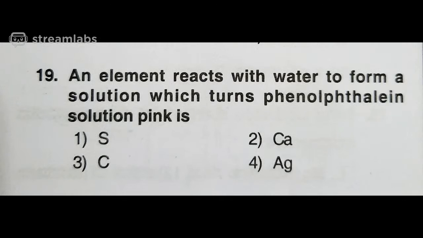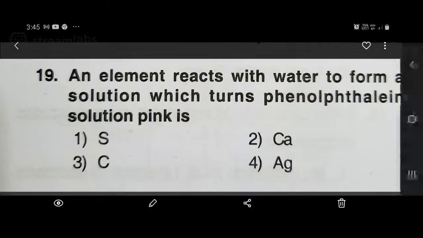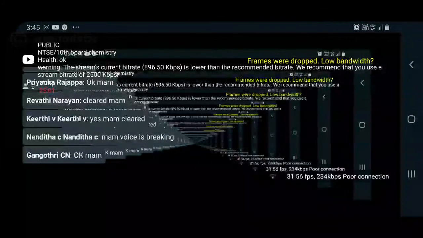To form a solution which turns phenolphthalein solution into pink. Okay, I'll repeat. Among the 4, you want to select an element which turns phenolphthalein solution into pink color. Which is that? Okay, any idea on this?